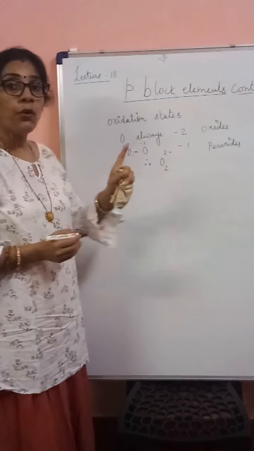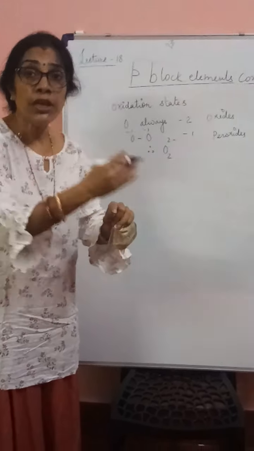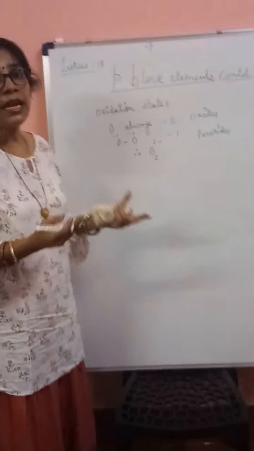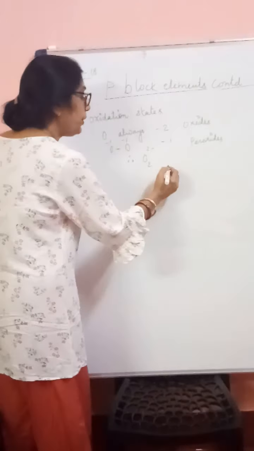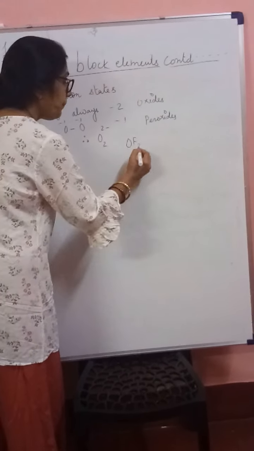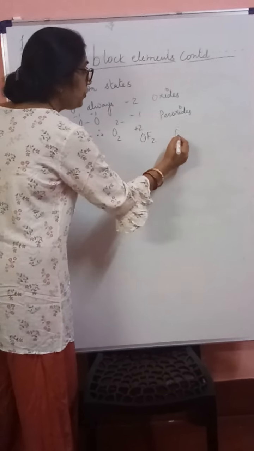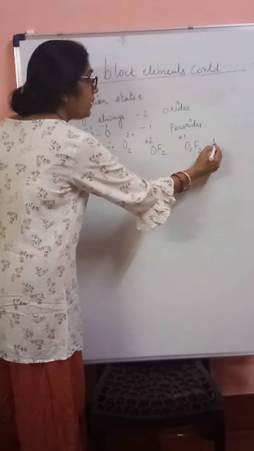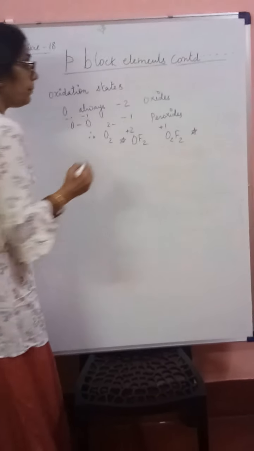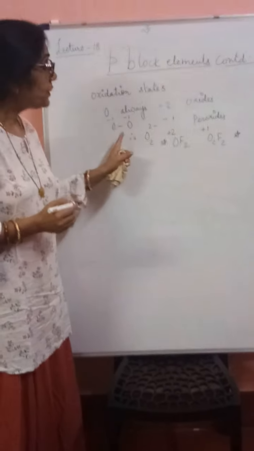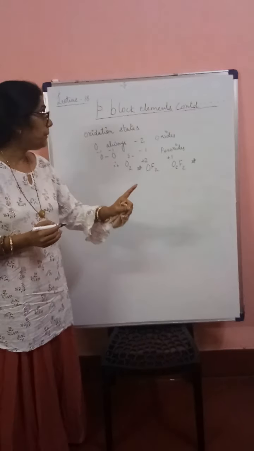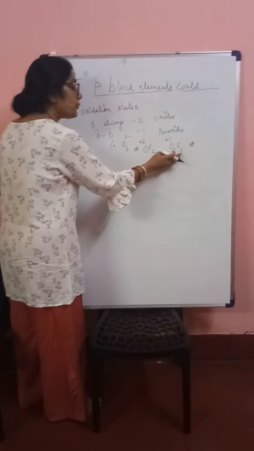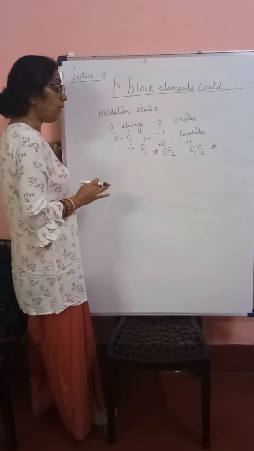But when oxygen is attached with a more electronegative element, and that can happen only with fluorine. So if it is OF2, then it is going to be +2, and if it is O2F2, +1. So these are the exceptions, my dear students. Oxygen is the second most electronegative element. So fluorine will be -1, so that oxygen becomes +1 here.